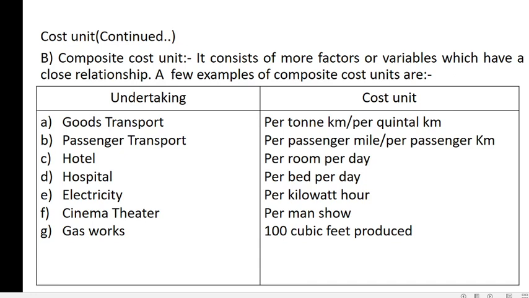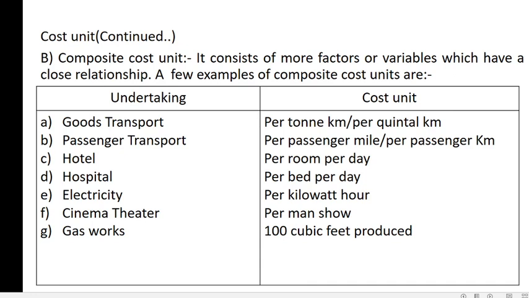Composite cost unit. When more than one measuring units are grouped or combined together for use as a cost unit, it is called as a composite cost unit. Composite cost unit consists of more factors or variables which have a close relationship. For example, in a goods transport company, the composite cost unit will be per ton kilometer or per quintal kilometer.